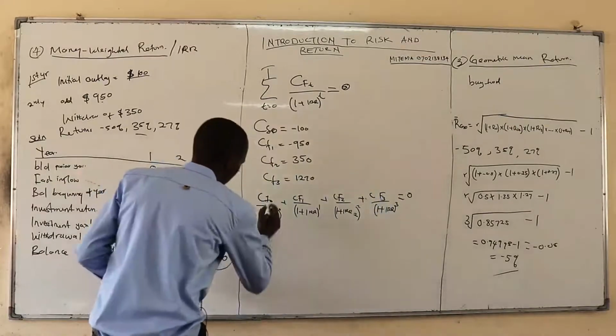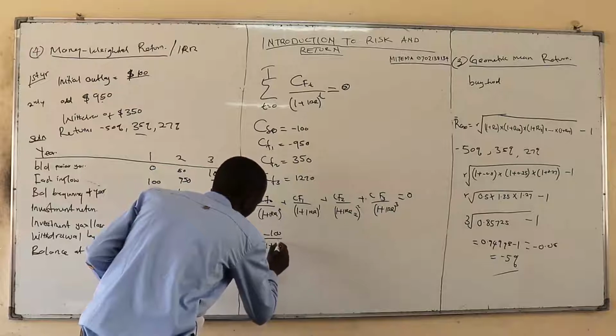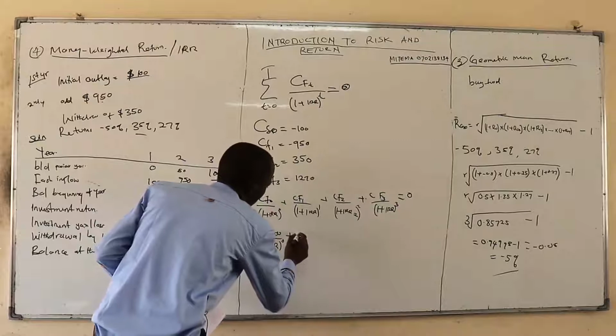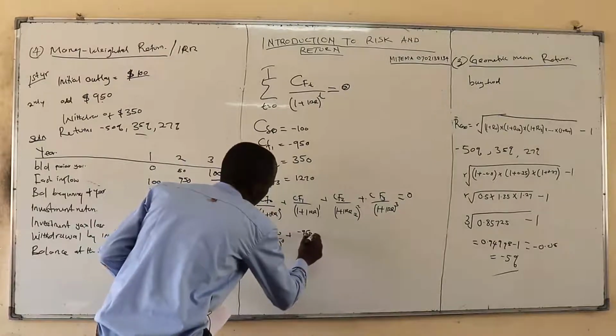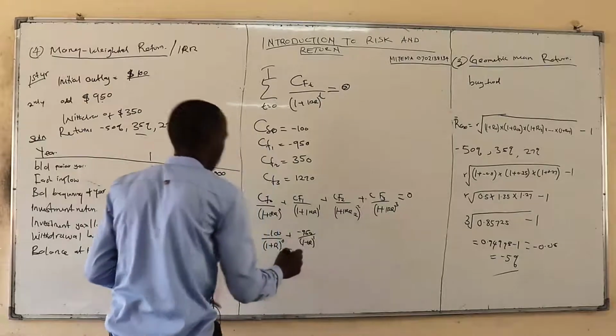So this is our first cash flow. We say it's minus 100 divided by 1 plus R, plus another cash flow of 950 over 1 plus R raised to 1.